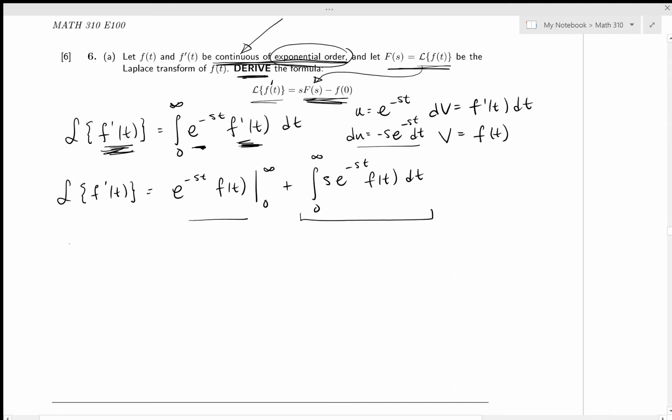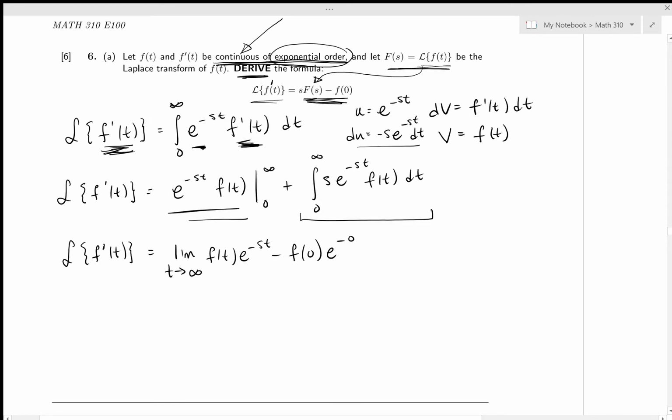So now next step, the Laplace transform of the derivative of f of t is the limit as t goes to infinity of f of t e to the minus st. That is the result of the integration evaluated at the upper limit infinity, minus f of 0 e to the minus 0.